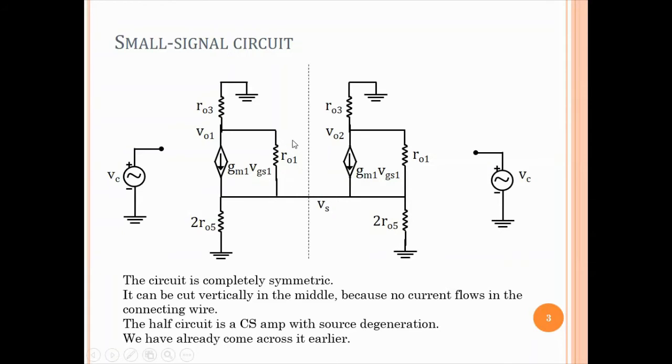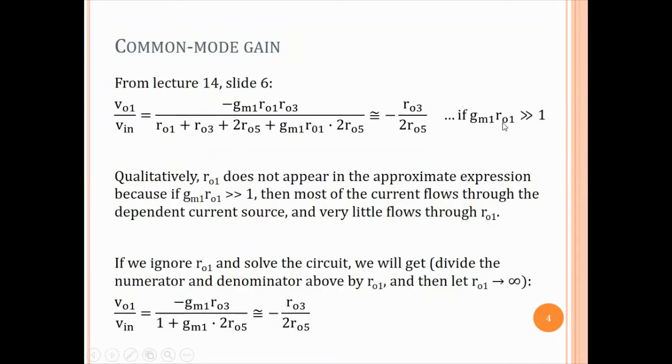In other words, if we were to assume that RO1 is infinite, basically we are saying that RO1 is much greater than 1 over GM1. So we are making that tend to infinity. So for example, if we were to make RO1 infinite in this expression, then this is what we'll get, and that will simplify to the same minus RO3 over 2 RO5.